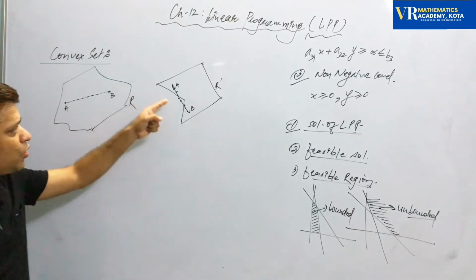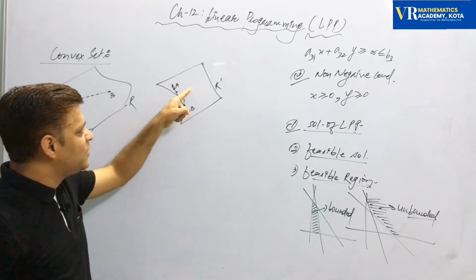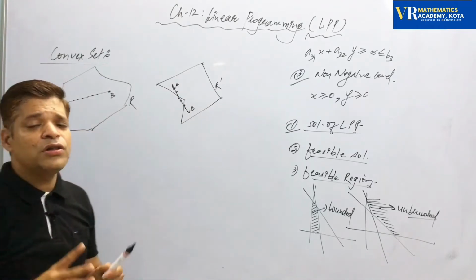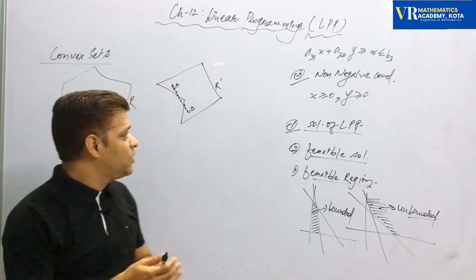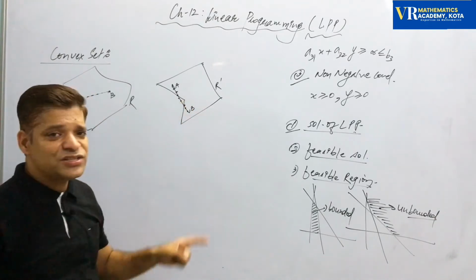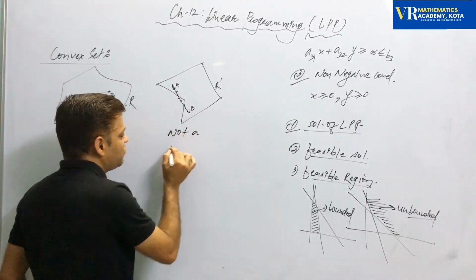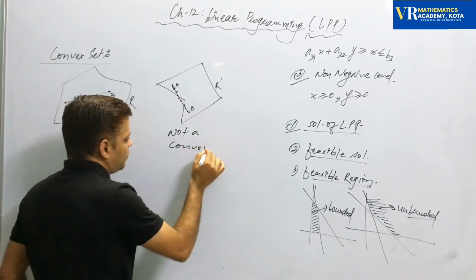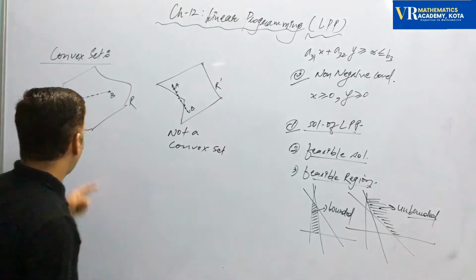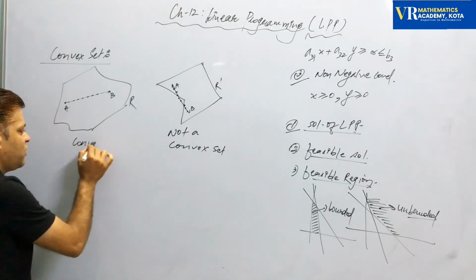If not all the points on the line lie in the region R dash, then this is not a convex set. But if all the points on the line lie in the region, then this is called a convex set.